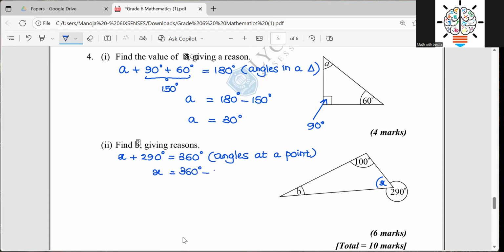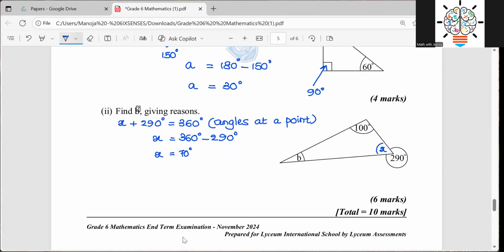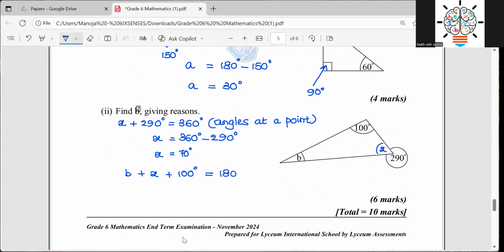360 subtract 290, right? When you subtract 290 from 360, it gives me 70 degrees, right? Then you can use the other theory: B plus X plus 100 degrees equal to 180 degrees.